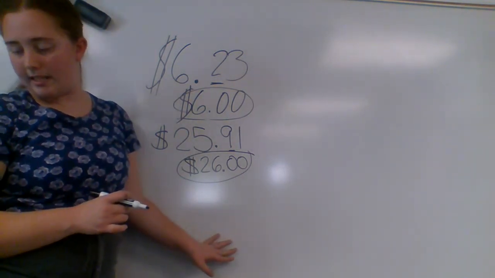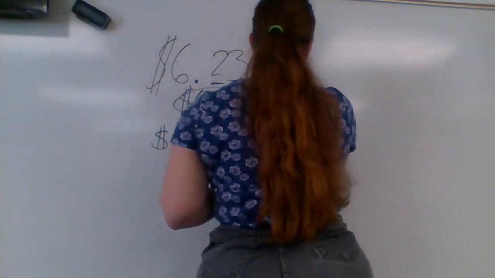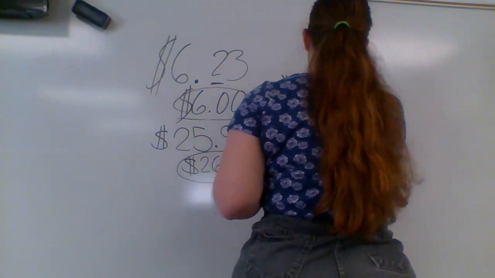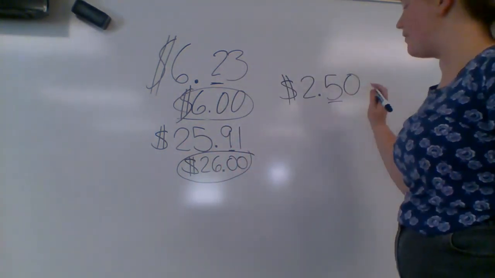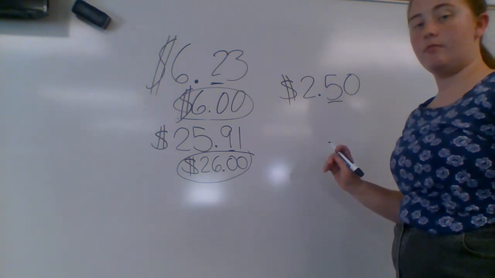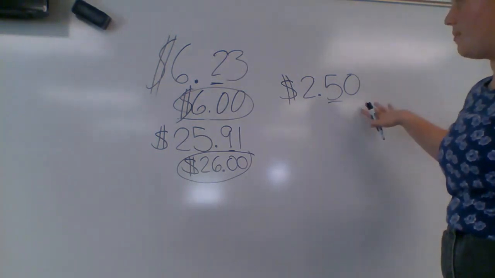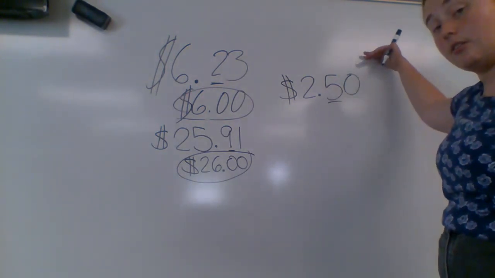And letter C. Let's just write it over here. $2.50. Okay? We have this 5 right here. 5 is either going to round up to the next one, or we're going to stay down at $2. So either $2 or up to $3.